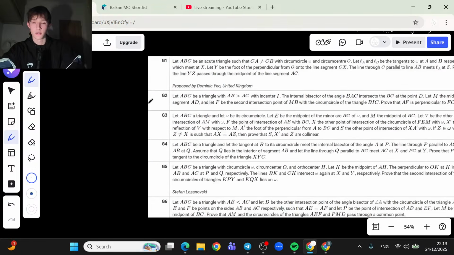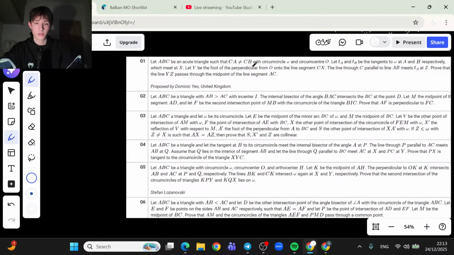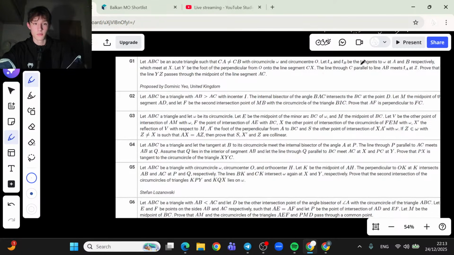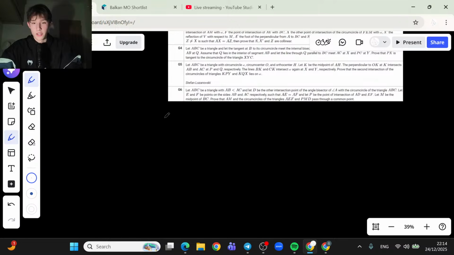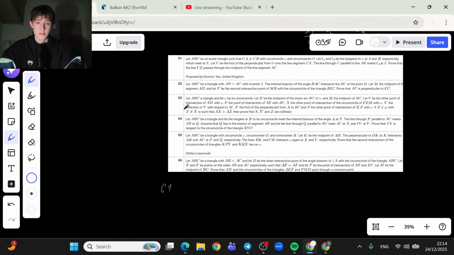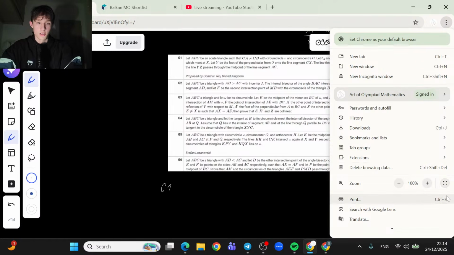Let ABC be the triangle with CA not equal to CB. TA and TB be tangents to omega at A and B respectively, which meet at X. Okay, let's start with G1. After that trash algebra, I do need a break with at least the G1. So I'm sorry, guys. I'll just zoom in.